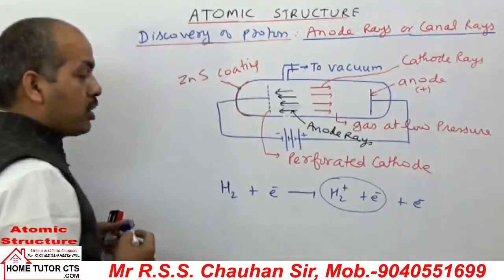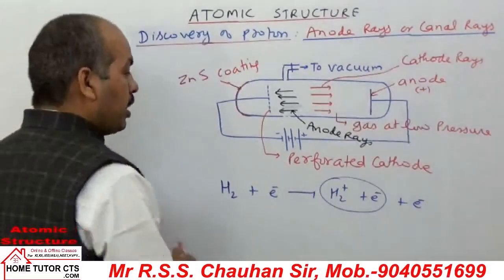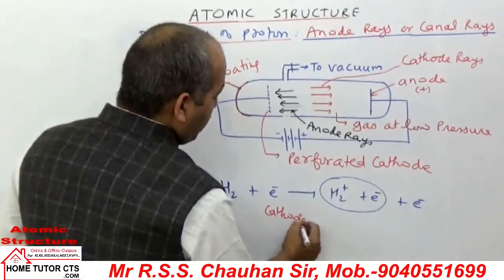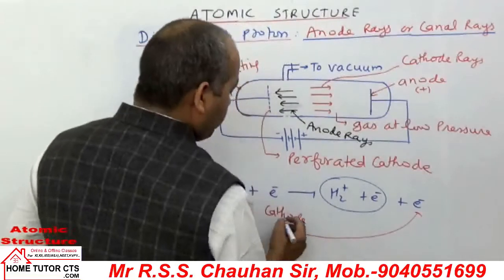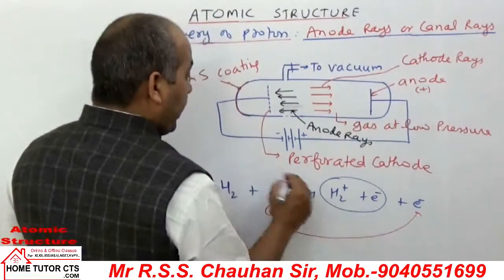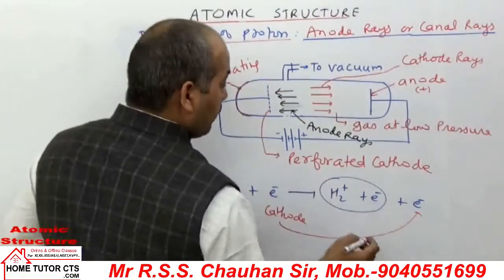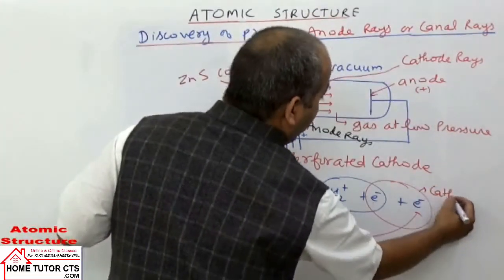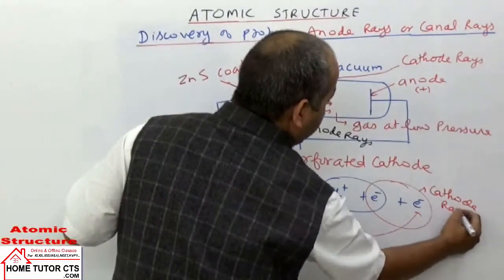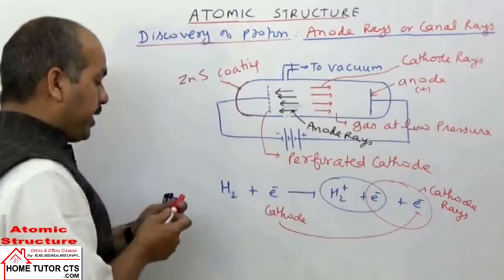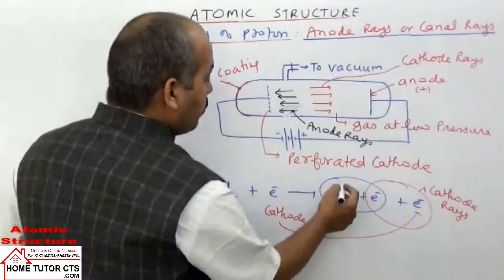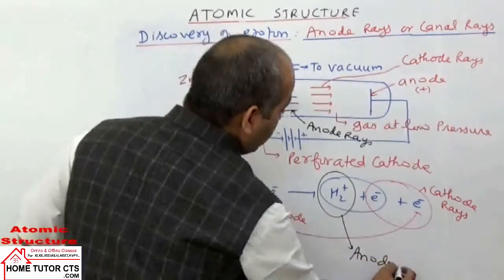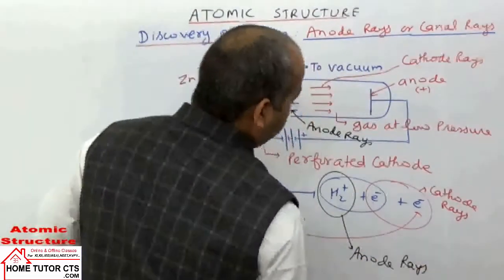Molecules of the gas can ionize to form electrons; one source of electrons is the cathode, and the second comes from gas ionization. Together this electron beam makes up the cathode rays, already explained, and the cations remaining from the gas molecules form the anode rays.